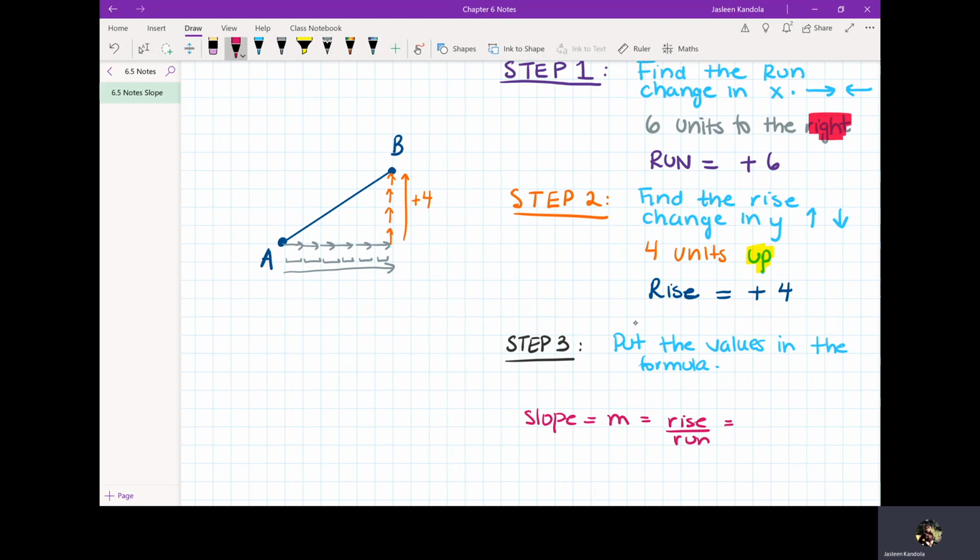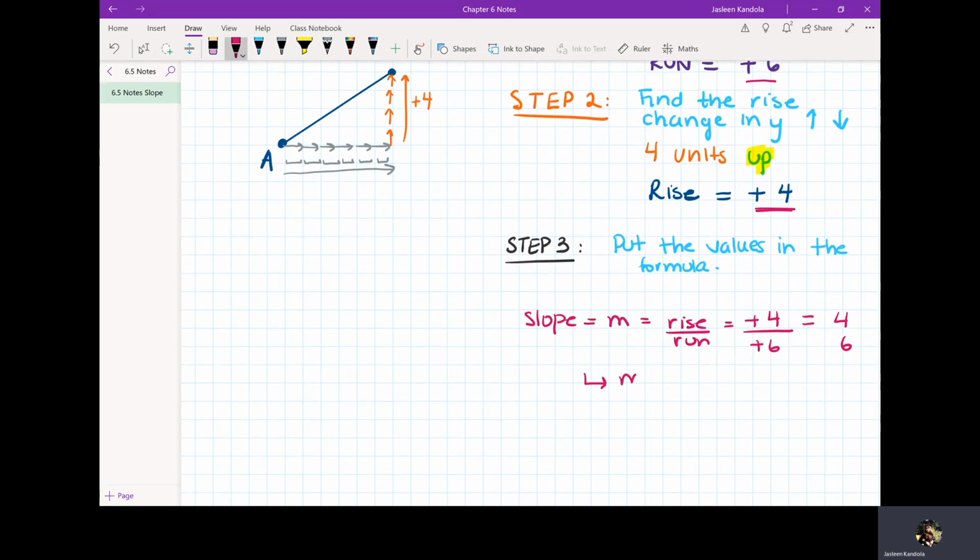Our rise value was positive 4, our run value was positive 6, so 4/6. Sorry, you can actually simplify that. Both of these are divisible by 2, so divide top and bottom by 2. We get m is equal to 2/3. This is our slope.